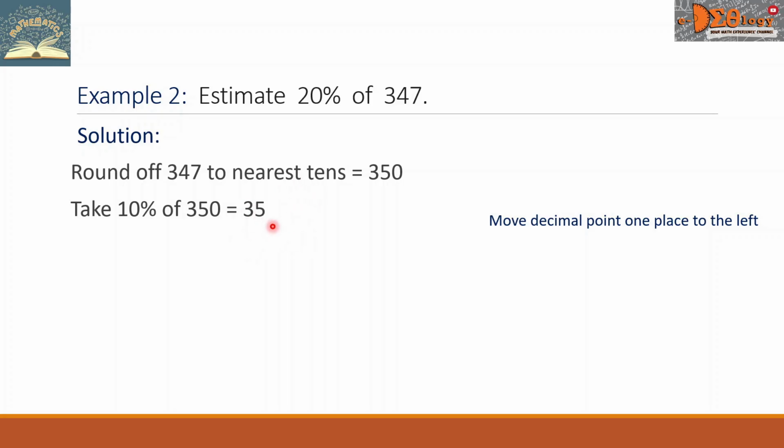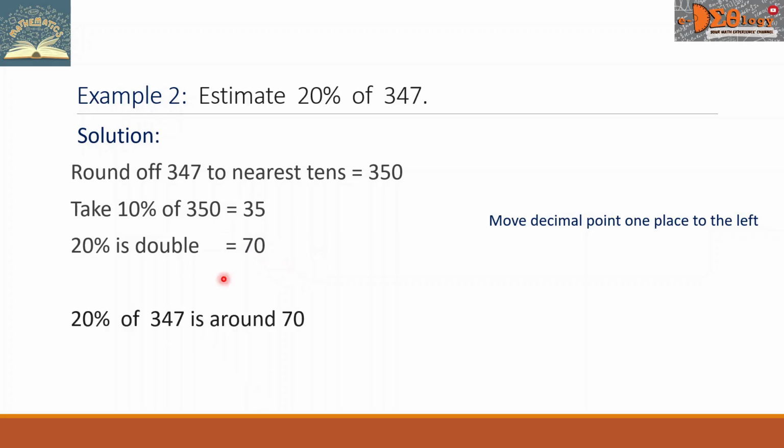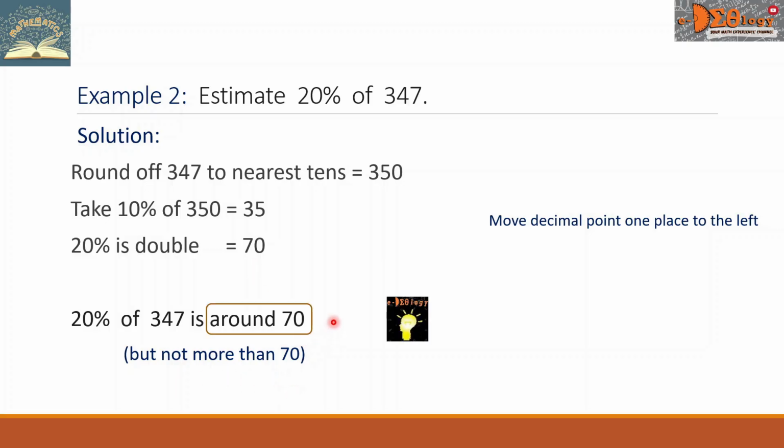So this is the 10% of 350. What about the 20%? That means we need to double the 10%. And this is equal to double the 35, so that will be 70. 20% of 347 is around 70, but not more than 70. This is the answer.